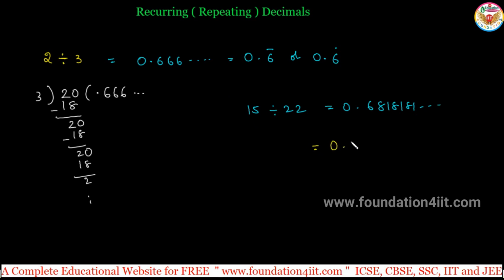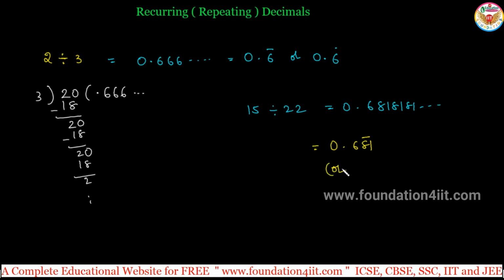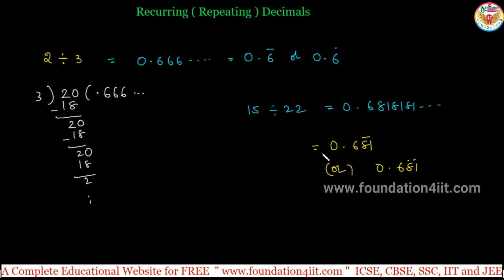That means you can write 0.681, first time only you can keep. Don't write one more 81. 681, 81 is repeating. Or else the same thing we can write with two dots, one dot on 8 and one more dot on 1. These are the recurring, that means non-terminating repeating decimals.